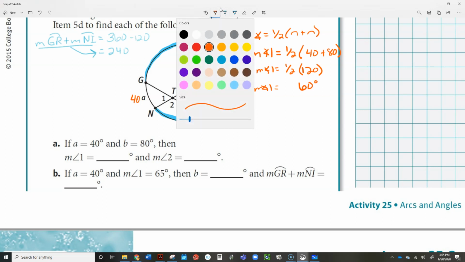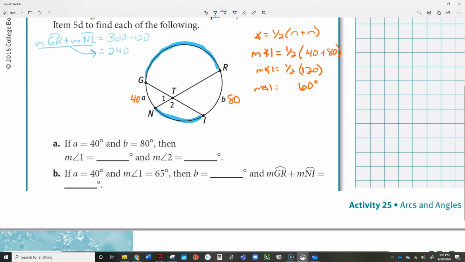We don't know what each one of them equals, but we know that together they equal 240, and that's all we need, their sum. So you could find the measure of angle 2 by saying it's equal to half the sum. Half of 240 is 120.